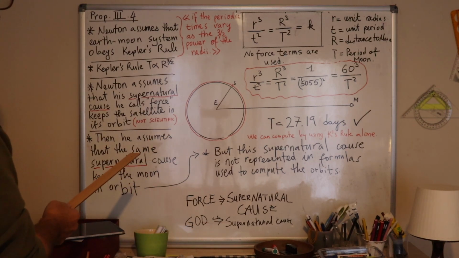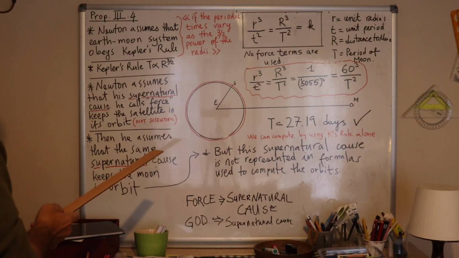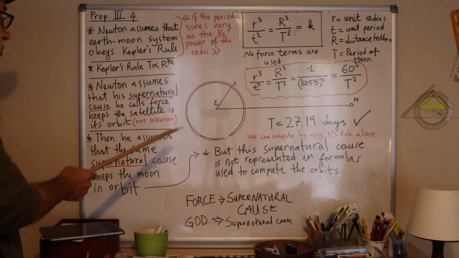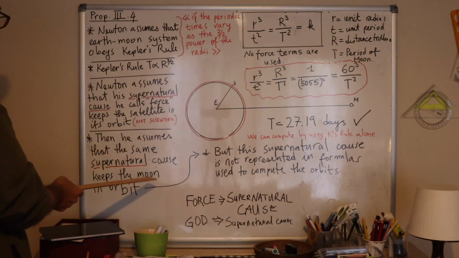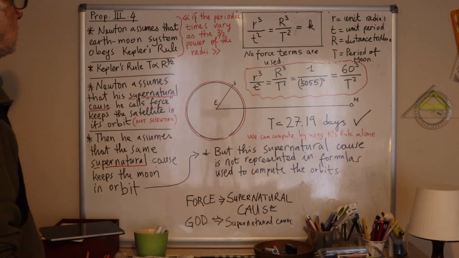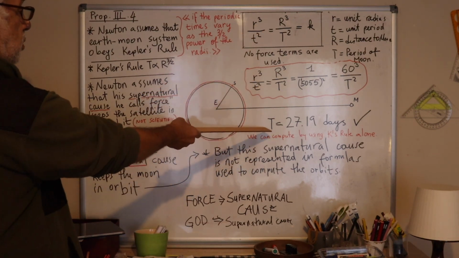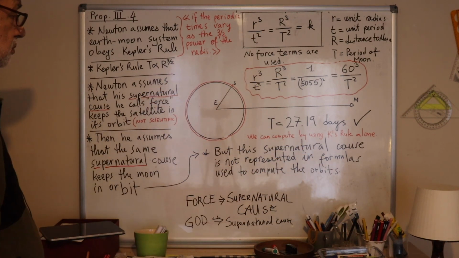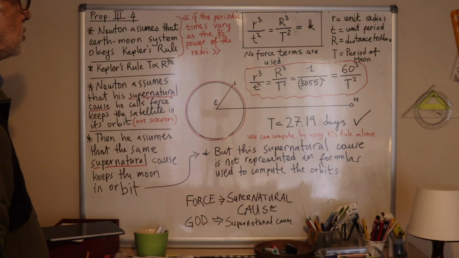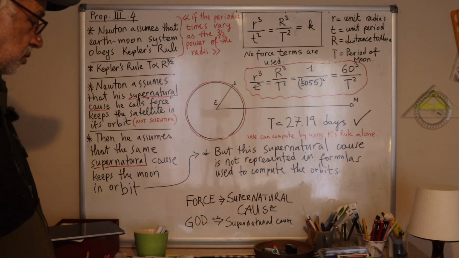Newton has something to hide. So he's an occultist. He uses supernatural causes to explain natural phenomena. You can just use Kepler's rule to compute T. So Newton is lying. I don't know what else to say.